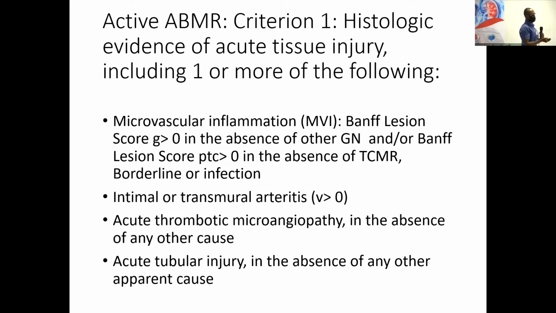But you do need to exclude de novo or recurrent glomerulonephritis. Intimal or transmural arteritis, again, remember this refers to damage to the endothelium of large blood vessels. And the last two are things we don't always think about, that acute thrombotic microangiopathy and tubular injury in the absence of any other cause may actually be diagnostic of antibody-mediated rejection.